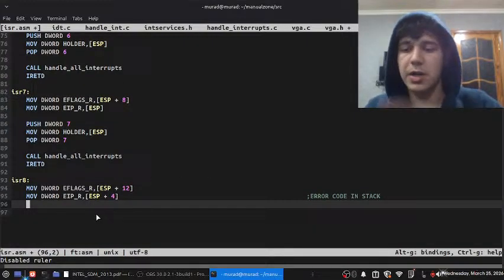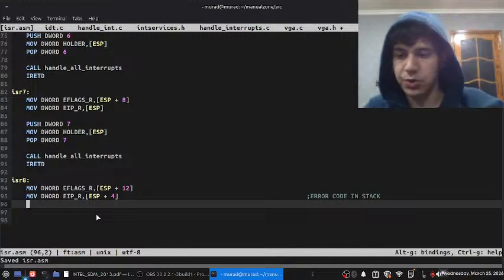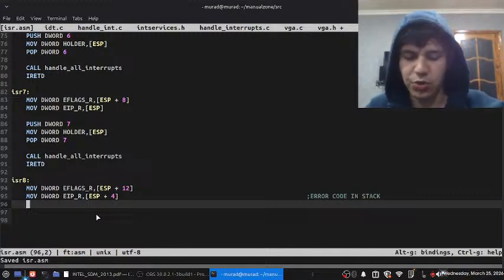That's why I added an additional 4 to the stack pointer for reaching the faulting instruction pointer correctly.